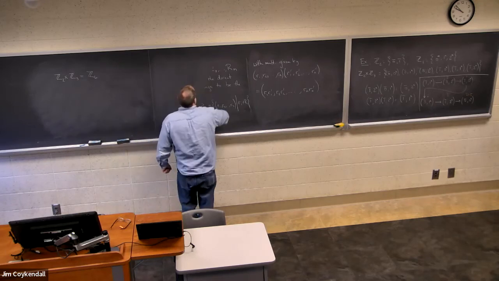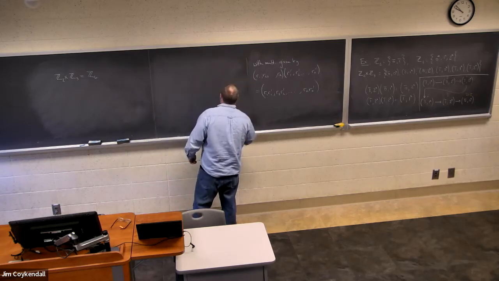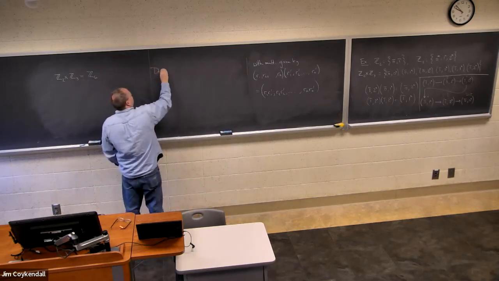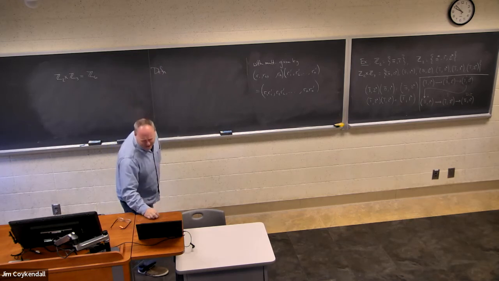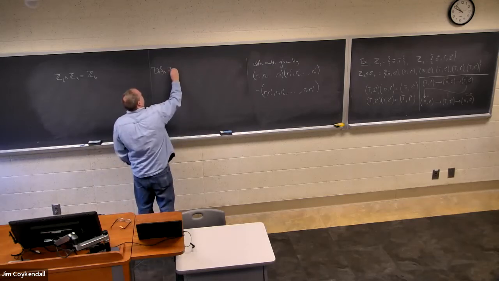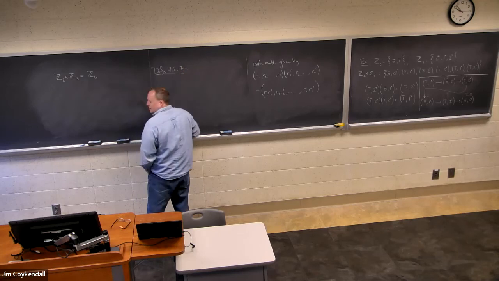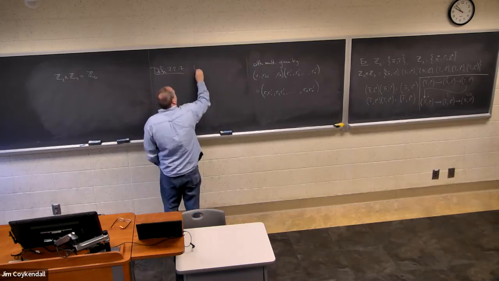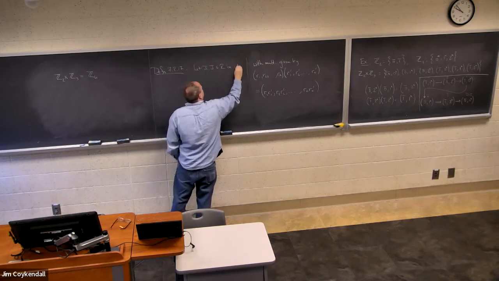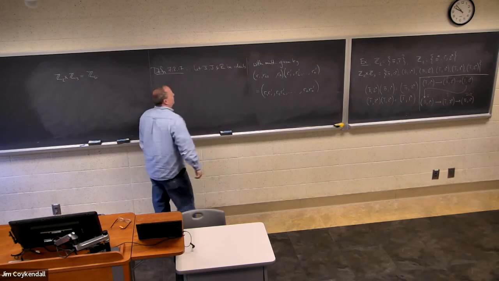Let me give you a definition that we're going to need for next time. Definition. Let I and J be ideals, and I want them to be proper.